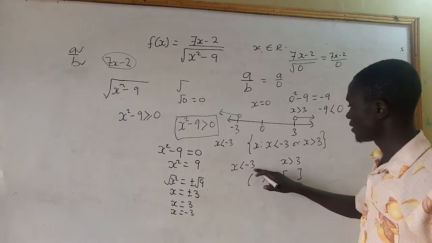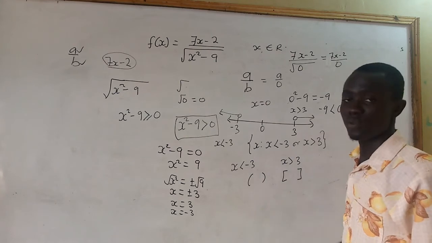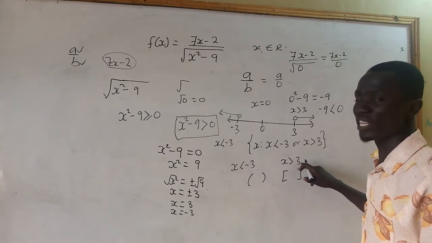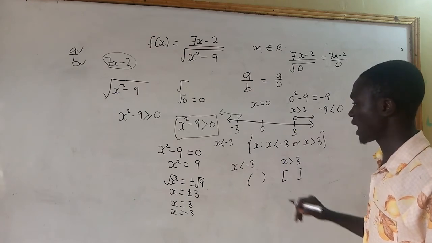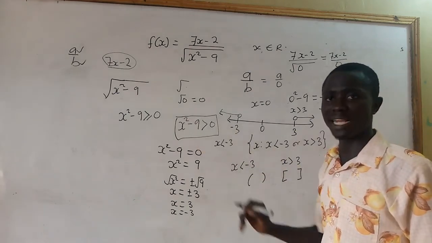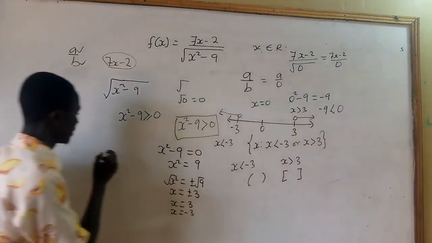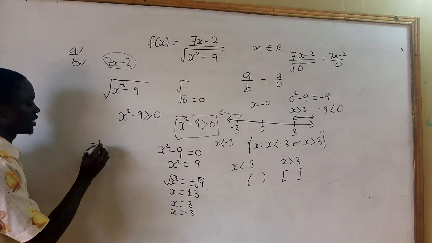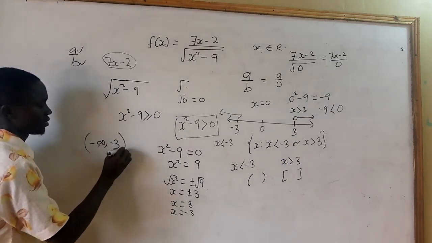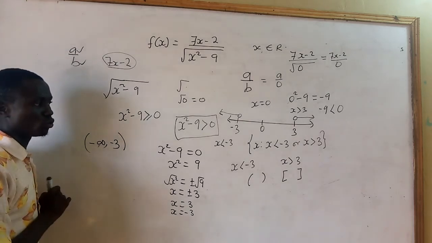So here, since negative 3 is not included, we will use the parenthesis brackets. And here too, since positive 3 is not included, we use the parenthesis bracket. Now, numbers less than negative 3 will move up to negative infinity. So we are going to have negative infinity to negative 3, where the parenthesis bracket shows that the endpoints are not included.